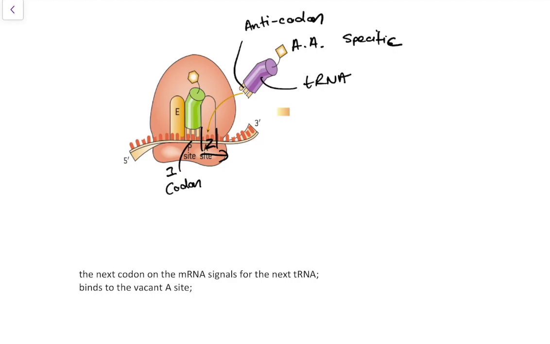So we can summarize by saying the next codon on the mRNA signals for the next tRNA to come in, which will bind, and the next one is going to fill this slot here, which is the A site. So it binds to the empty A site.